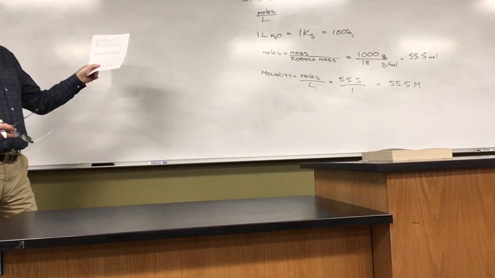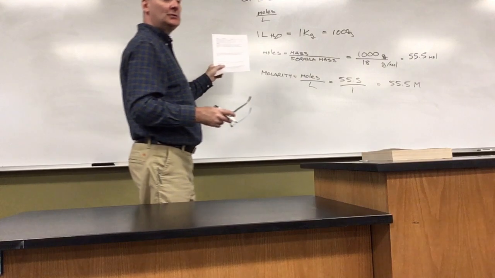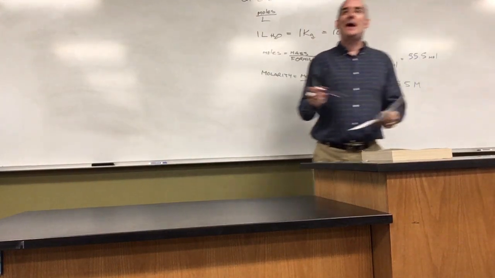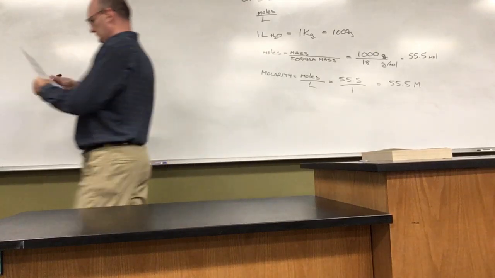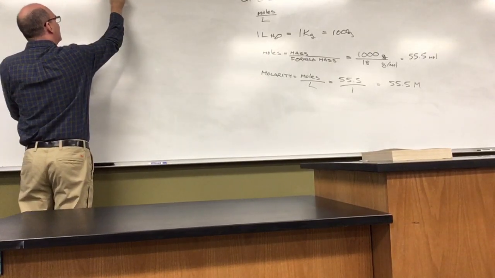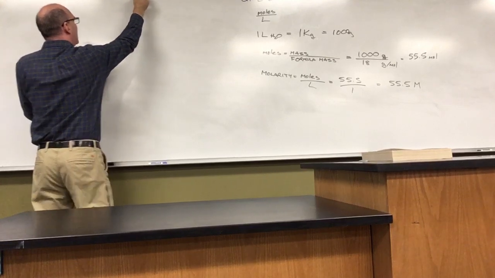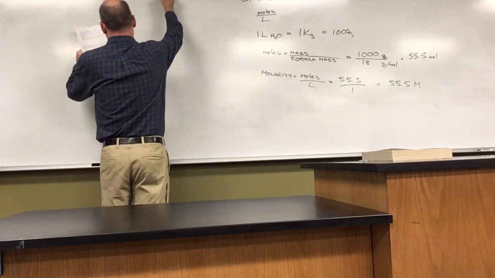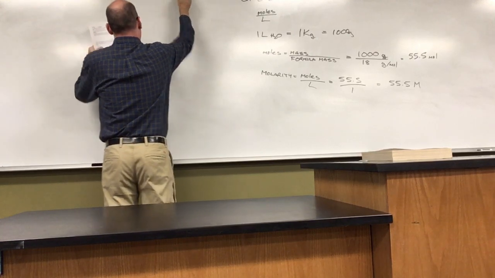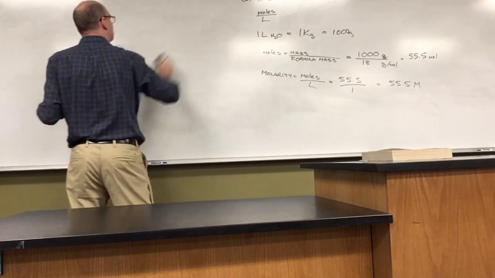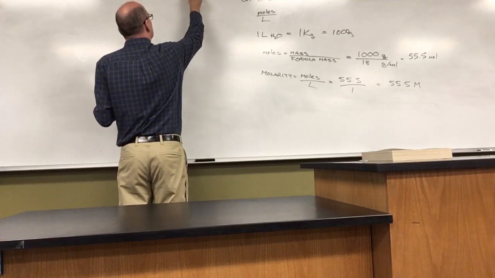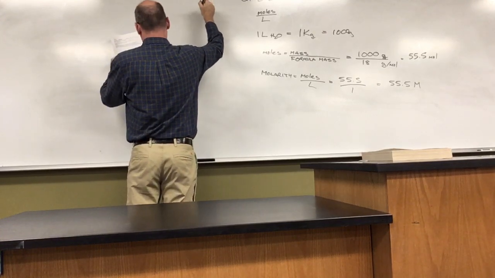So I've got to convert my mass into moles, and I've got to convert my volume into mass. 4.8 grams of sodium chloride in 0.350 liters of water.